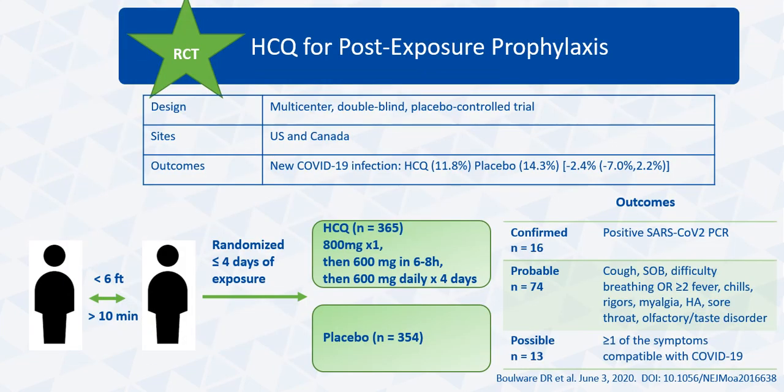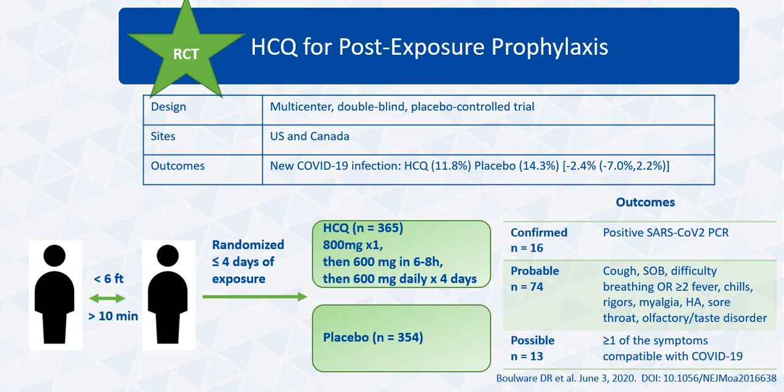Because of the record of safety using hydroxychloroquine for chronic conditions like rheumatoid arthritis, as well as a delayed onset kinetically, this drug was evaluated as a potential agent for post-exposure prophylaxis. And this is a randomized controlled trial by Boulware and colleagues that was published on June 3rd.